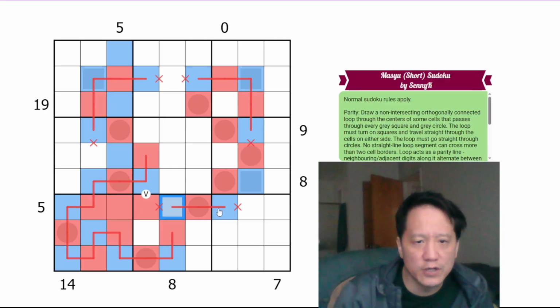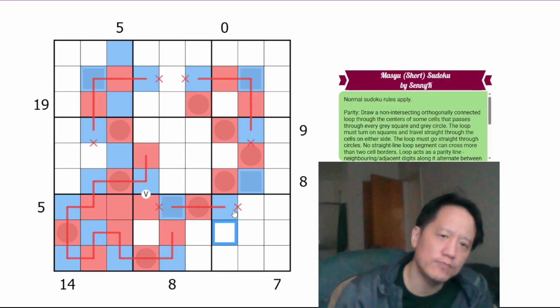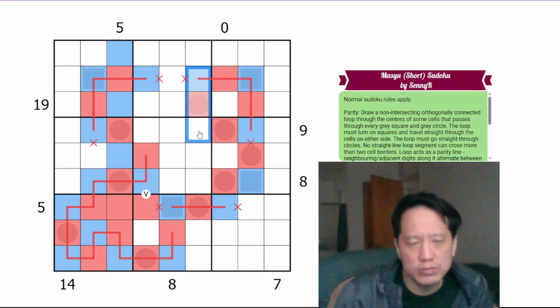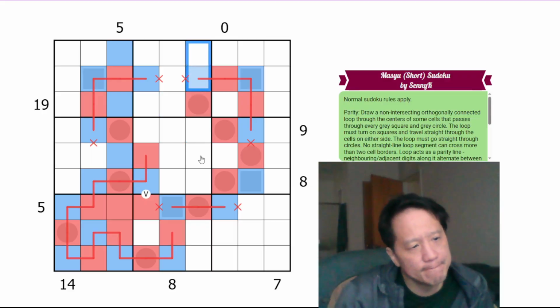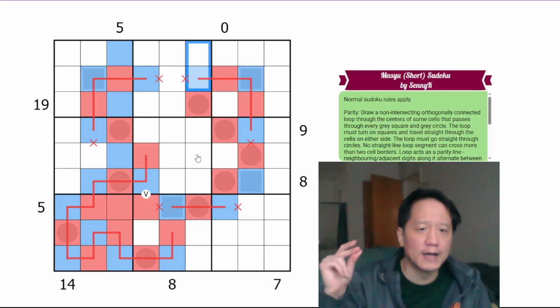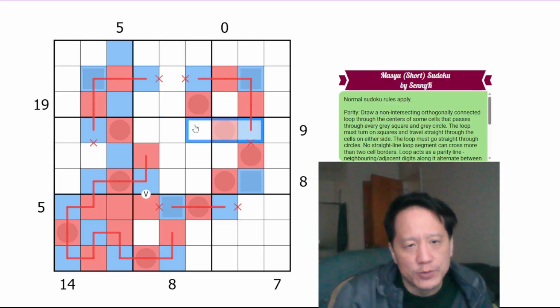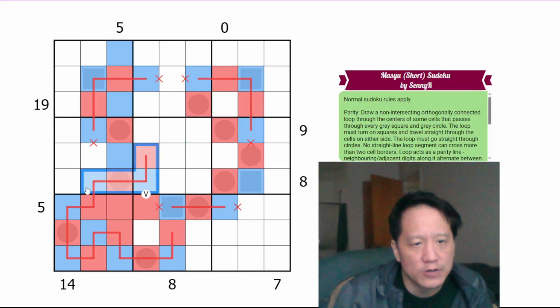Okay, that's not that helpful. Hmm. So both of these could... one of these, if we try to basically... We can't have both of these turn in, because then this would form a closed loop by itself, and that wouldn't be part of the large... It has to be all one large loop, right?